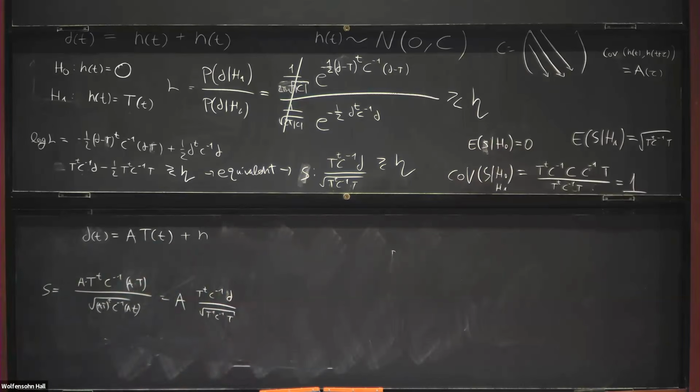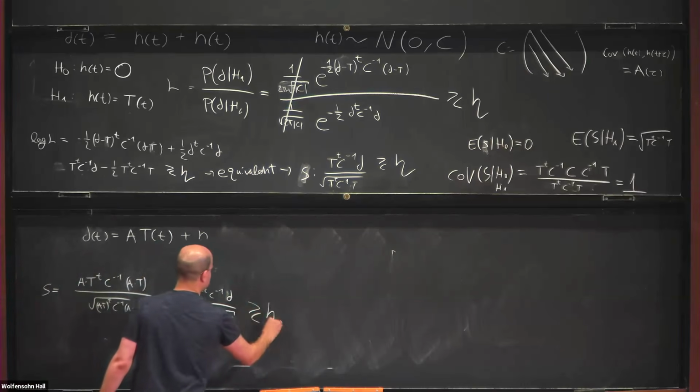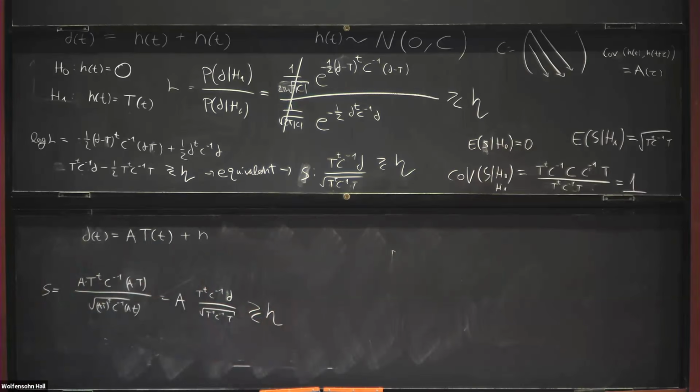Now I'm asking you a question. Do I need to know a? Because anyway, I'm going to compare this to eta, right? So I don't actually have to know a.